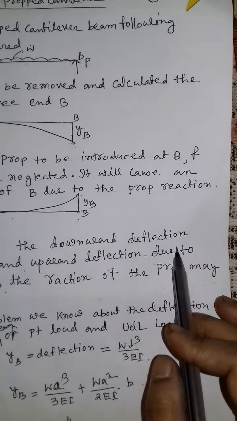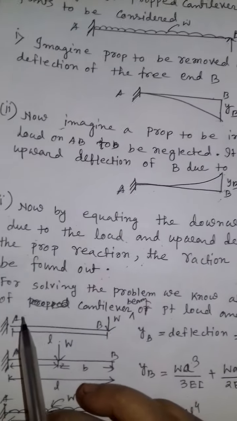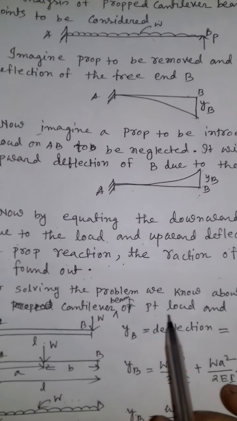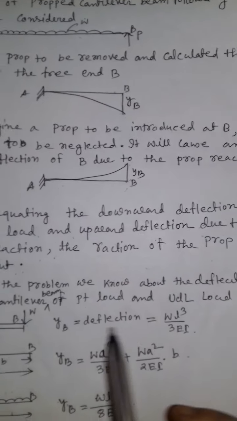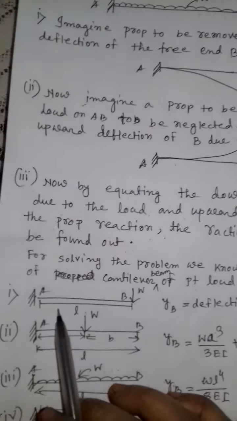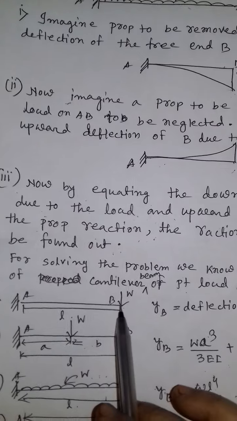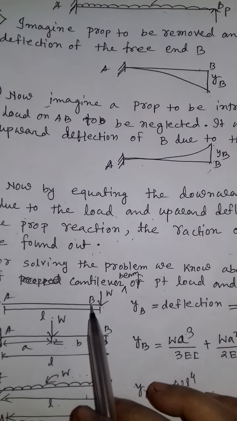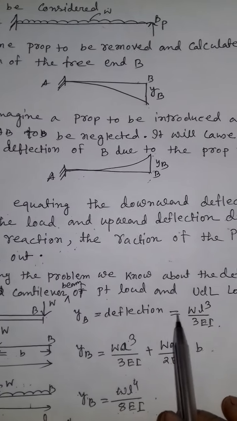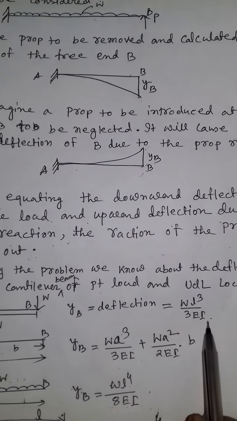So these are the points. Now for solving the different types of propped cantilever problems, we need to know the deflection of the cantilever beam for point load and UDL. Suppose this is a cantilever beam and point load W is acting at a distance of L from the fixed end. So deflection at B, YB, is equal to WL cube by 3EI.